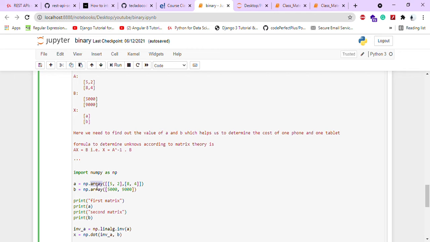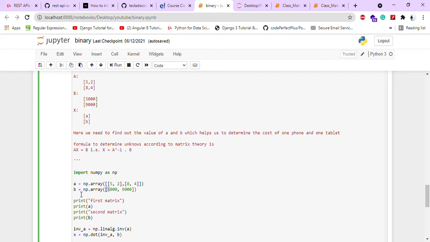We took these whole matrices into an array. Now I took a tuple and mentioned these two-dimensional values like 5 comma 2 and 8 comma 4. The reason I say it's two dimension is that I have given two brackets, and here I have given only one bracket, which is one dimension.